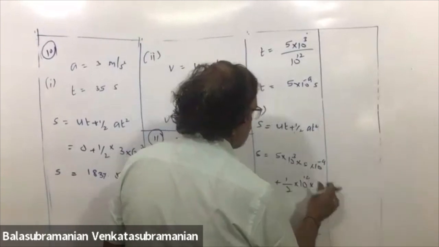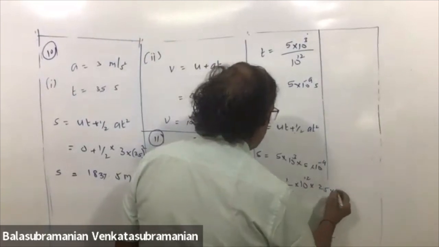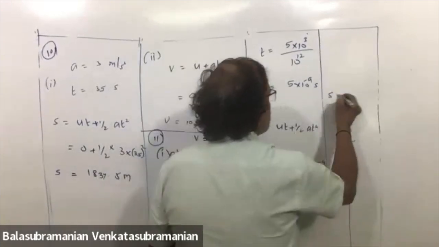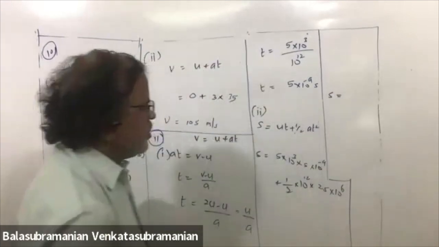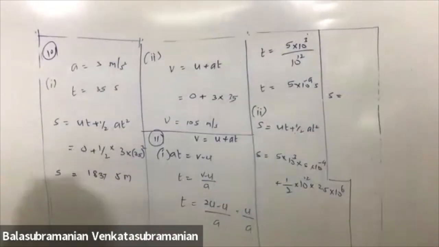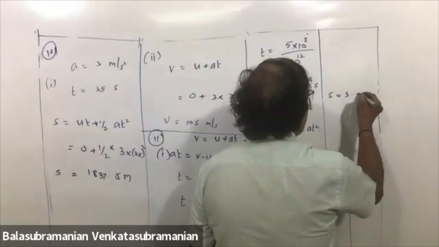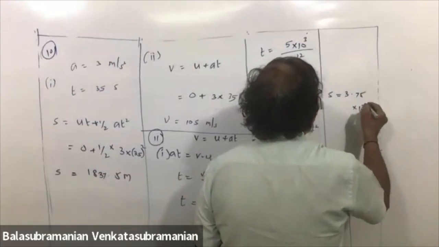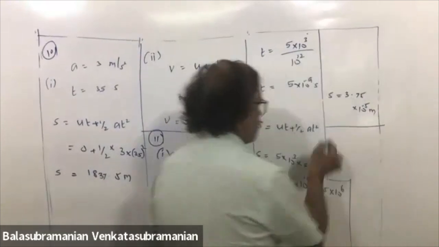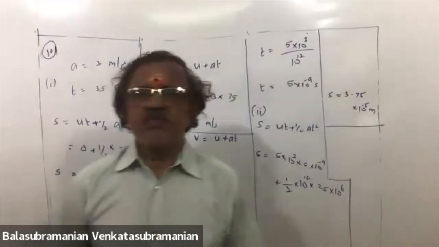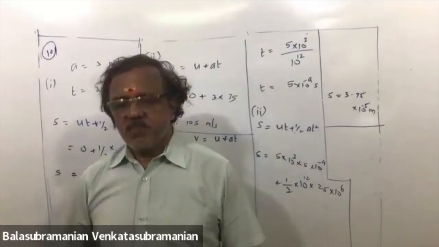T square is 25 into 10 power 6. S is equal to, simplify this, you are getting 3.75 into 10 power minus 5 meters. Straight substitution. Okay.